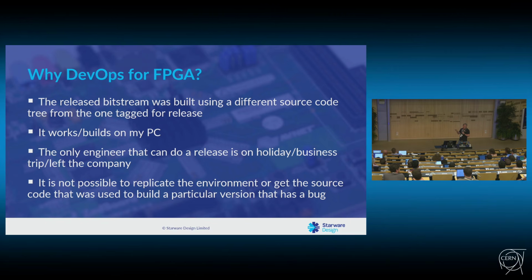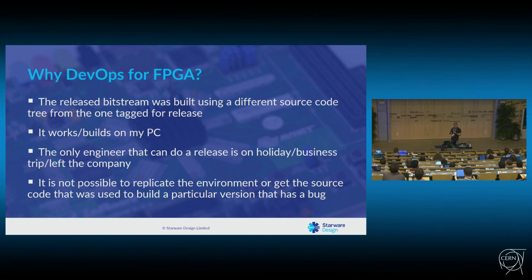Just to give an example, I had a client for whom I did a project in 2018 using Vivado 2018.3. Recently, they contacted me and said, we'd like to add some new features. And it's very likely that even with the new features, I can still use Vivado 2018.3. So you may imagine that that doesn't work well with a recent version of Ubuntu, for example.